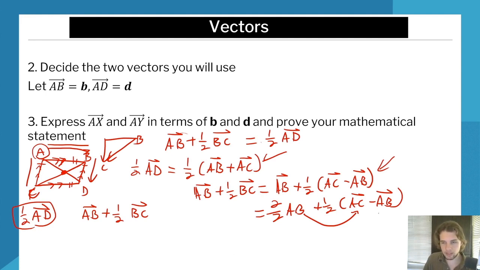So we want to move this AB into these brackets, becomes 1/2 AC minus AB plus 2AB. Put our vector lines on top, and that ends up creating A to C plus A to B.